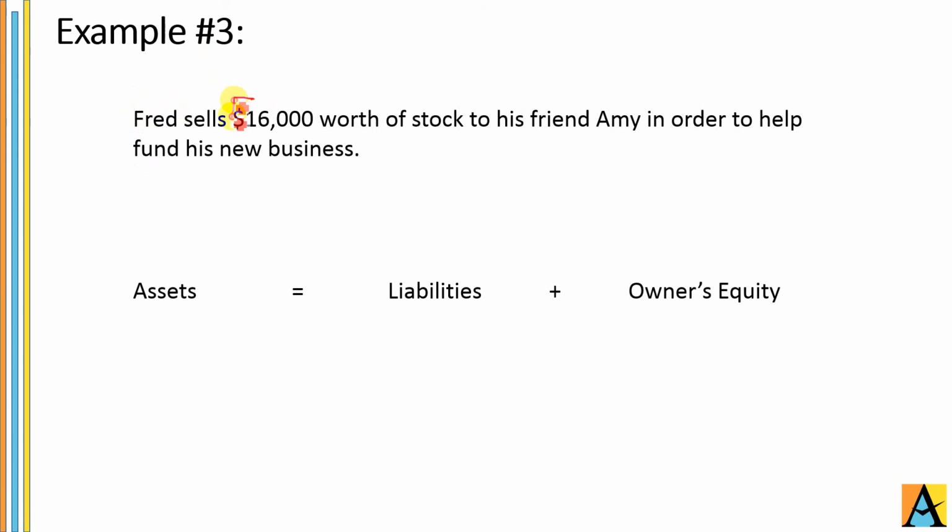If you said the 16,000 is important, you are absolutely right, because in accounting we're all about the numbers, so that was the easy one. Now what's the second very important piece of information? It's this word right here, stock.